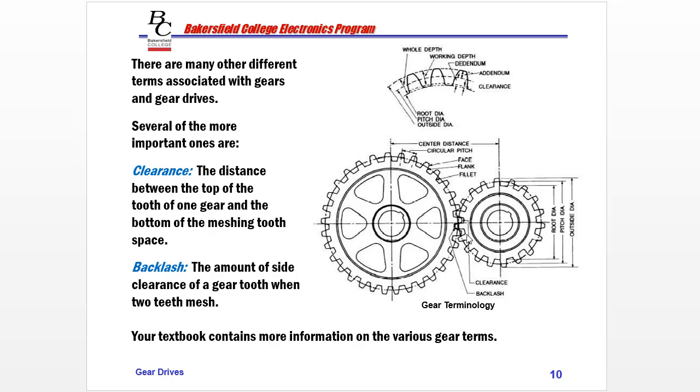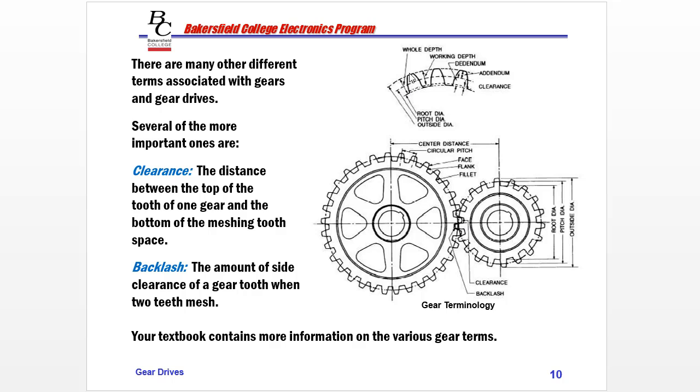It's kind of hard to see, but you can see where this space is right here. So this is the top of this tooth and the bottom of this one, and they're going to mesh. And here they're totally meshed because everything is in line, and there's a little clearance between the top of the tooth and the valley of this area. So that is called clearance.